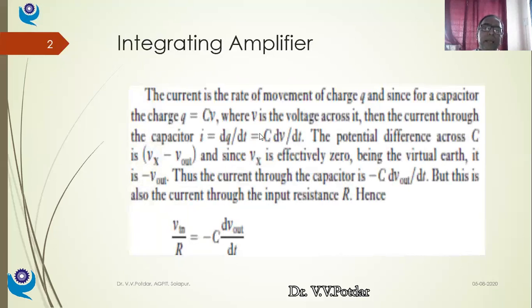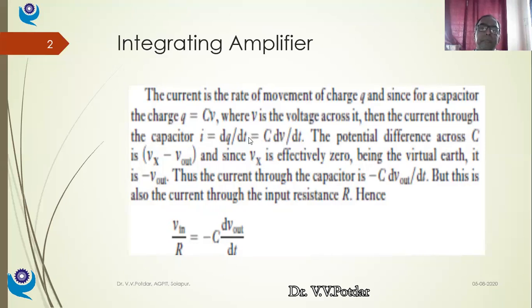The same thing I told you just now: if I take this C on the left hand side and this dt on the right hand side, what will happen? C will go on this side as 1 by C. 1 by C into I dt is equal to dV out, isn't it?